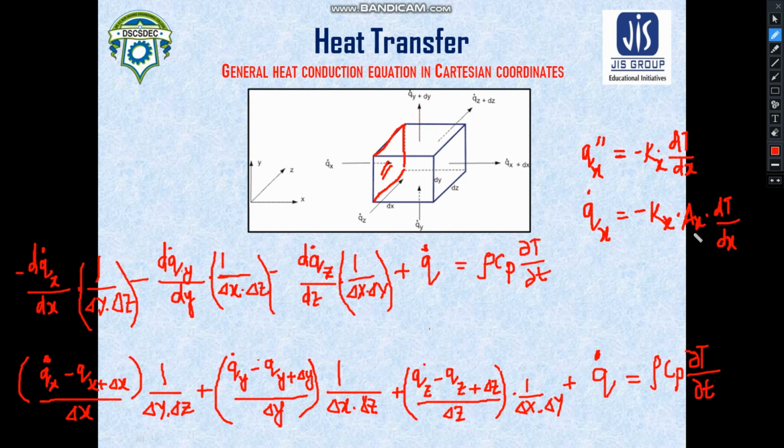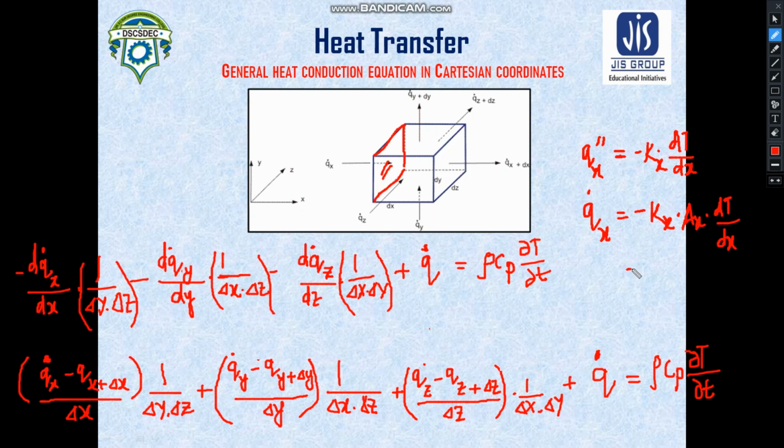Okay, so this Ax is the area which is normal to the heat transfer direction in which this qx dot heat is being transferred. So we have already discussed that this is the area of heat transfer, right?